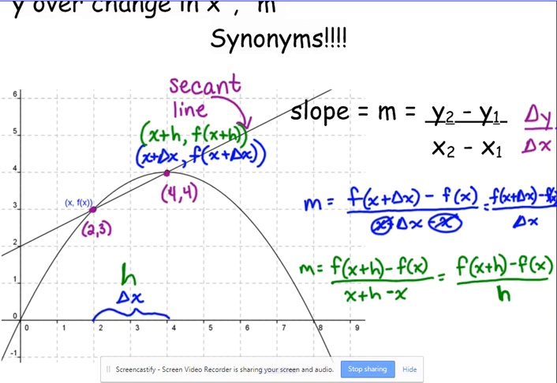So what's the whole point in having this secant line? Think back to the cartoon. The cartoon was talking about when that delta x gets really, really small. So say I move this second point closer to my initial point.